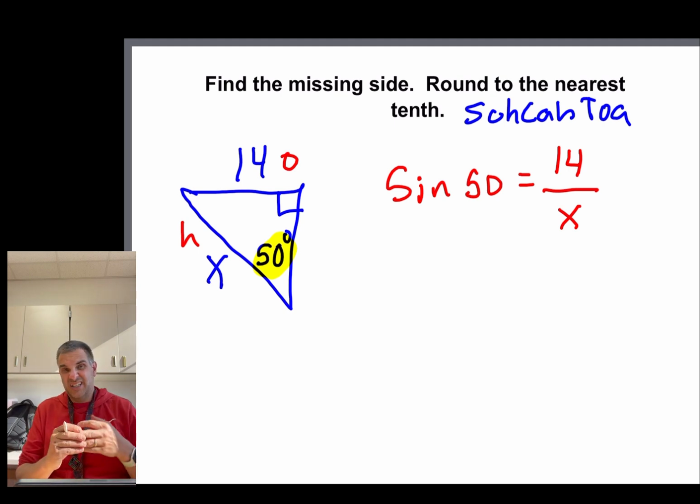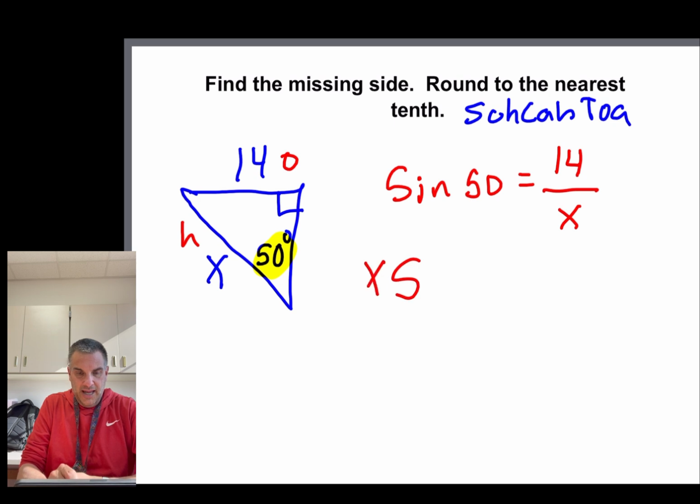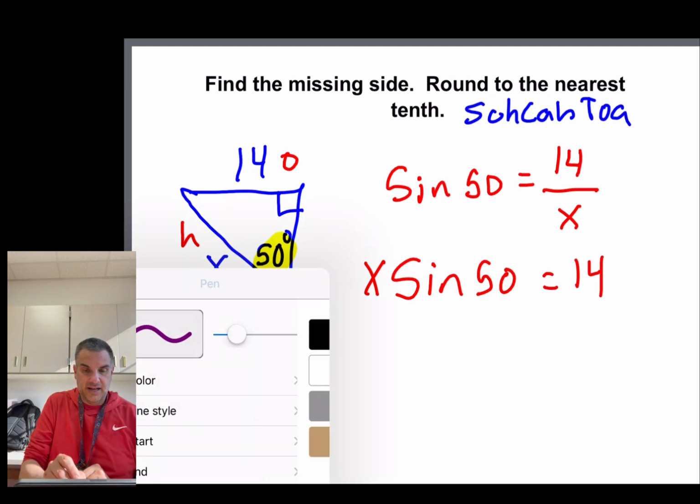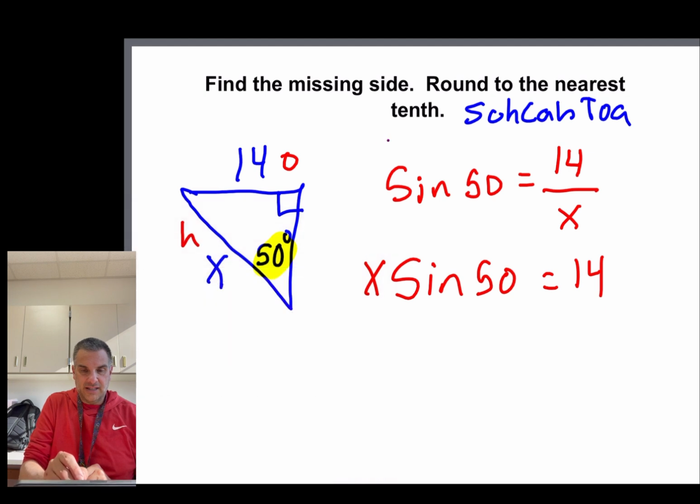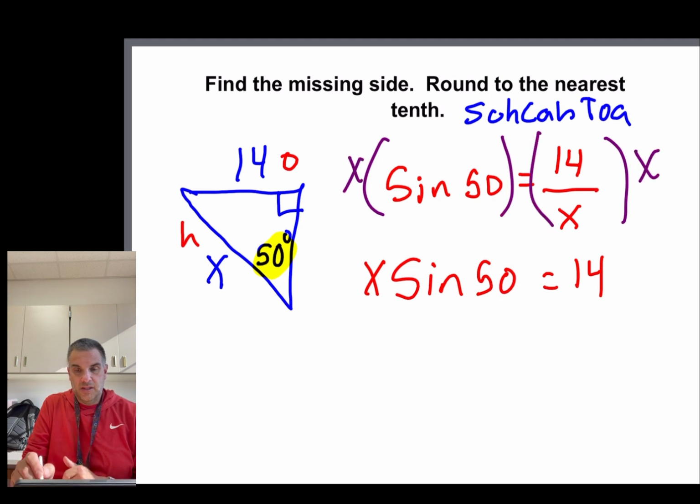We're just going to go ahead and solve this for x. Since I've got x on the bottom, I have to multiply both sides by x. So we get x times the sine of 50 is equal to 14. I multiply both sides by x because I've got to get rid of that x in the denominator. These x's cancel each other out.